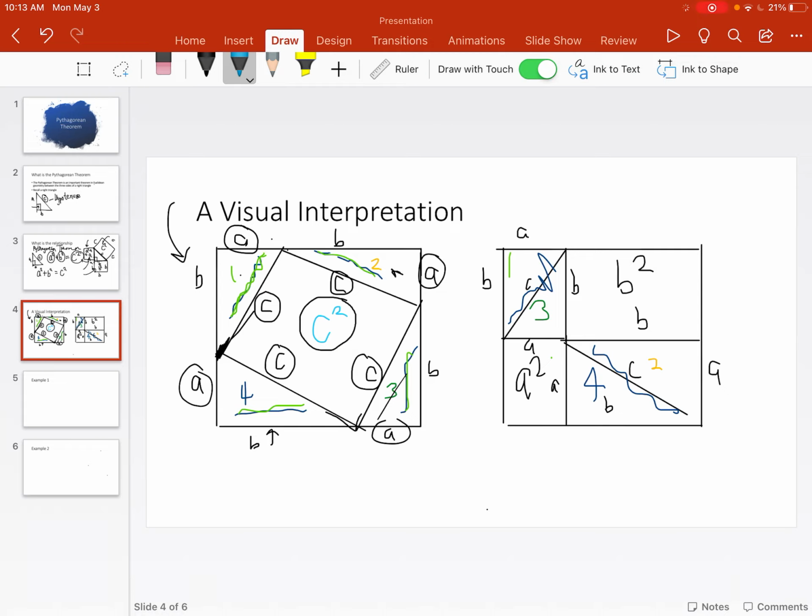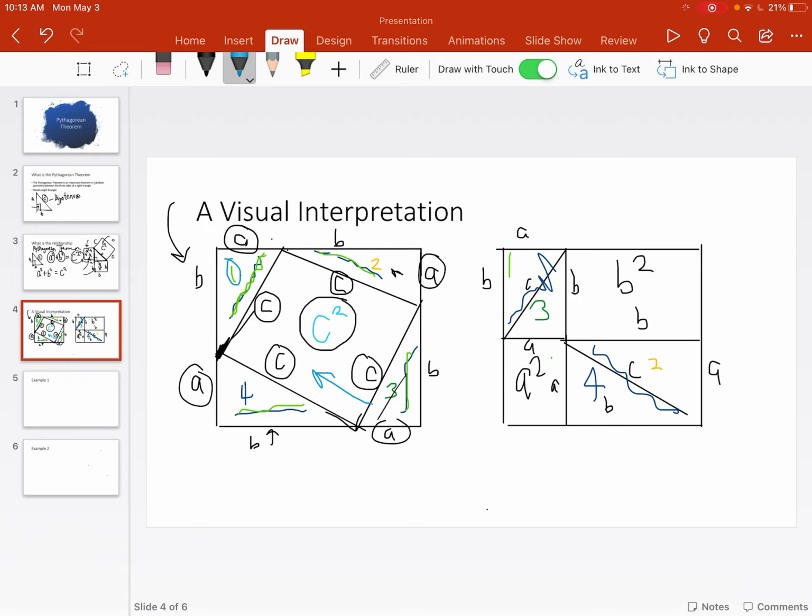Imagine that you see this triangle 3. Imagine triangle 3 moved up until it collided with triangle 1. So this triangle right here, triangle 1. Triangle 3 moves at an angle and collides with triangle 1, and triangle 1 stays stationary.